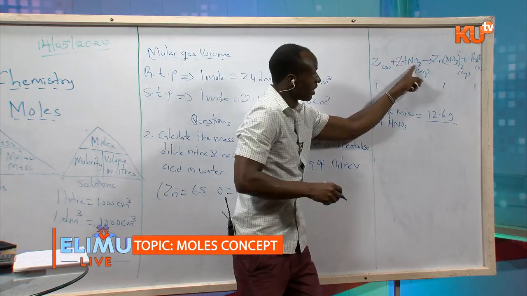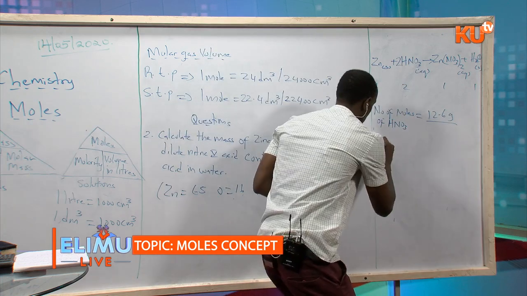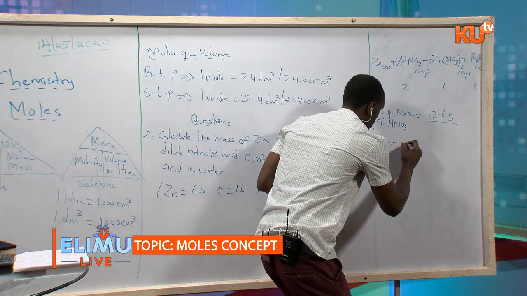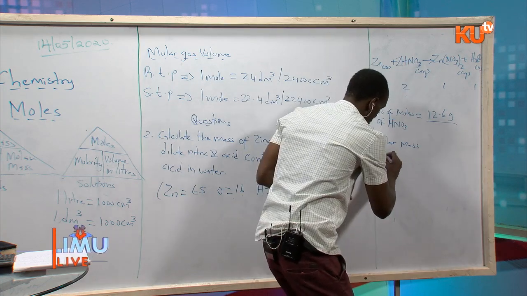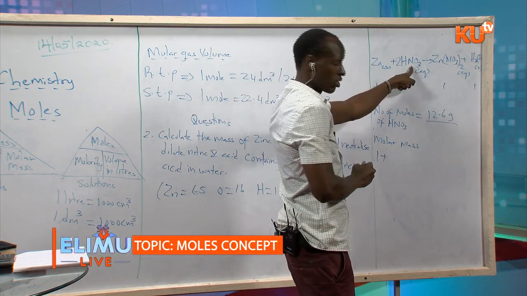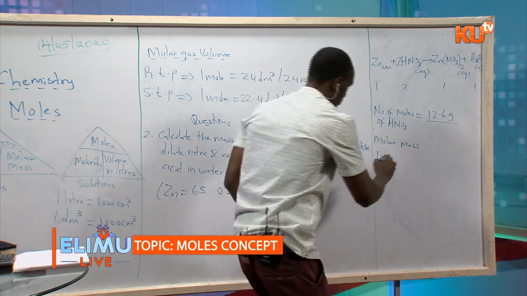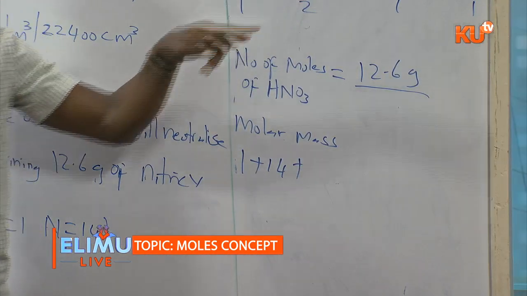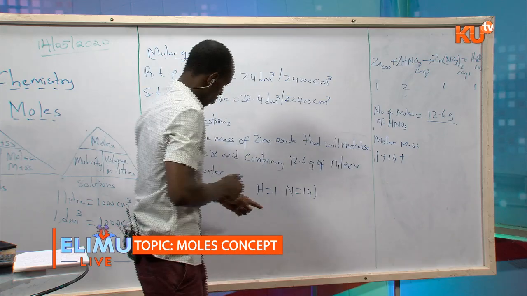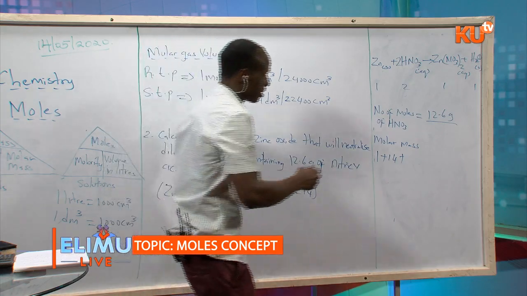HNO3: 1 hydrogen, which is 1, plus nitrogen, 14, plus O3, which means 3 oxygen, 16 times 3, which is 48.